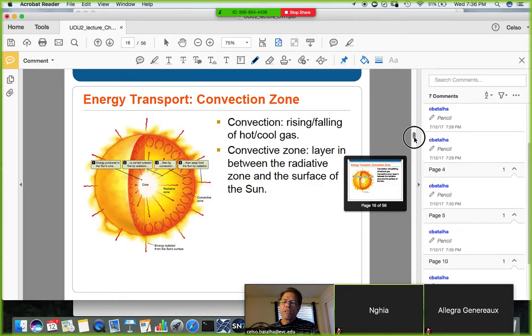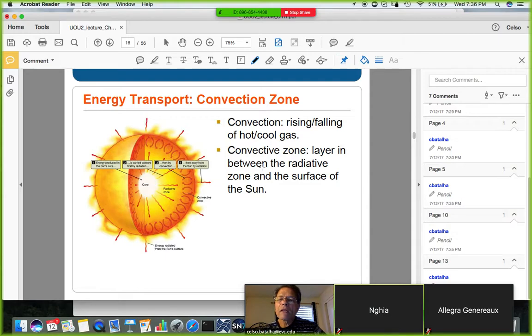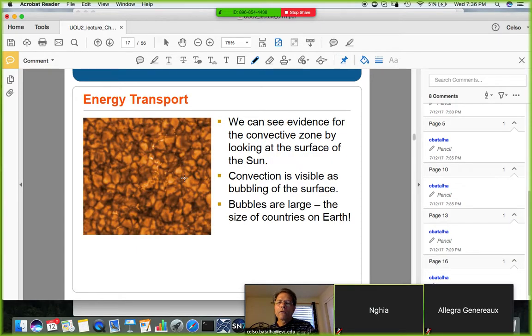Let me see what else. Here's a nice picture that shows these three interior regions: core, radiative shell, convective zone. Okay, so much for the solar interior. Let's take a look at the solar outer region.